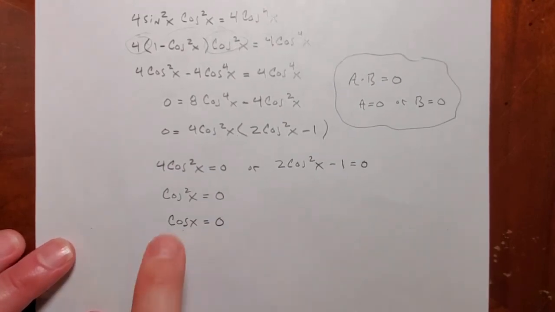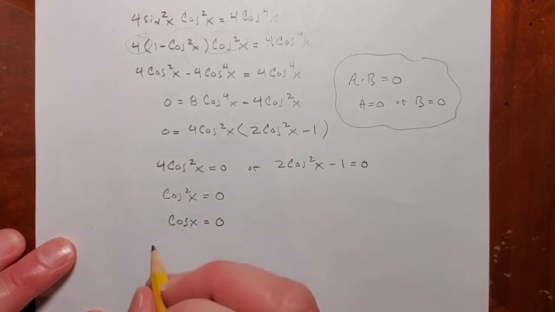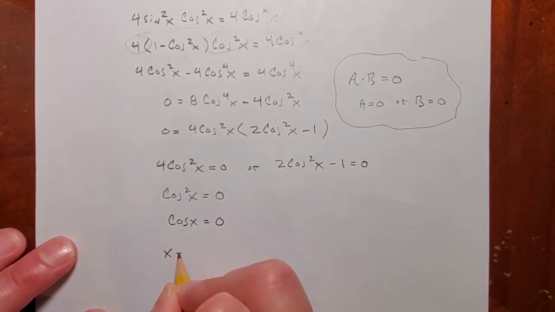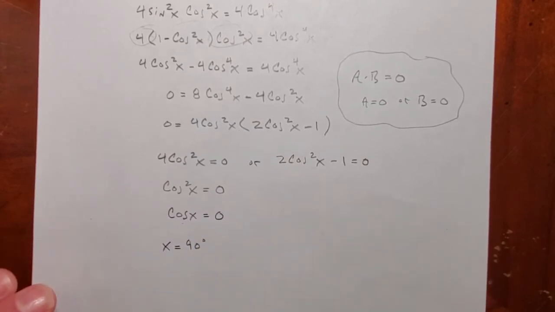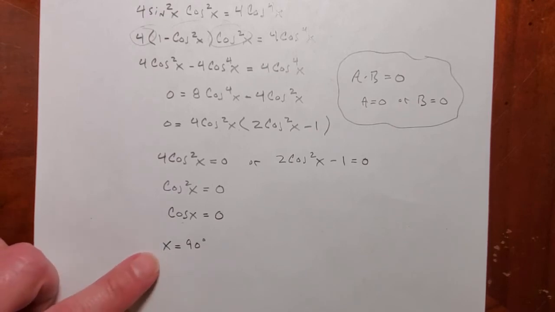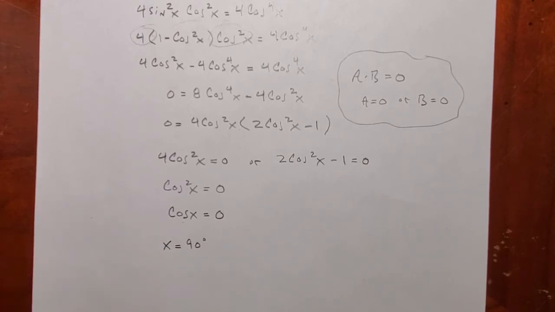So cosine of what angle is equal to 0? If we use our calculator, it will tell us that it's 90 degrees. Cosine of 90 degrees is 0, so we'll get that one right away. Is there another angle whose cosine is 0?